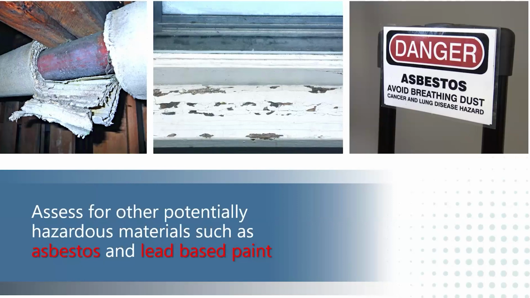So in order to not make a bad situation worse, it's important to address potentially other hazardous materials by a licensed professional. And you may be looking at performing an abatement in addition to a mold remediation, which honestly is a great time to do both, because you're disturbing the material.